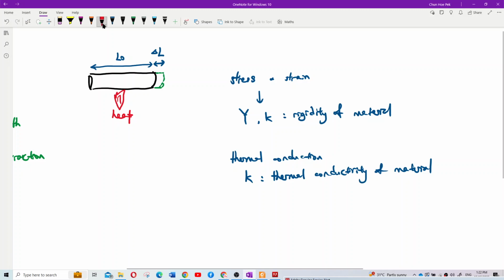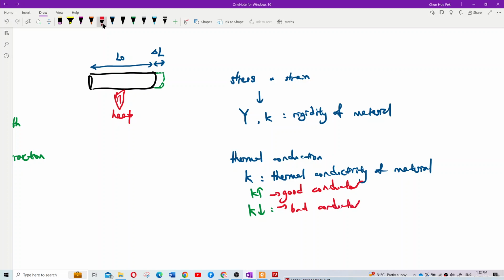A high K means a good conductor of heat, and a small value of K means a bad conductor of heat. So in thermal conduction, we learn K depends on the type of material. In stress and strain, we learn that Young modulus and force constant depend on the type of material also.